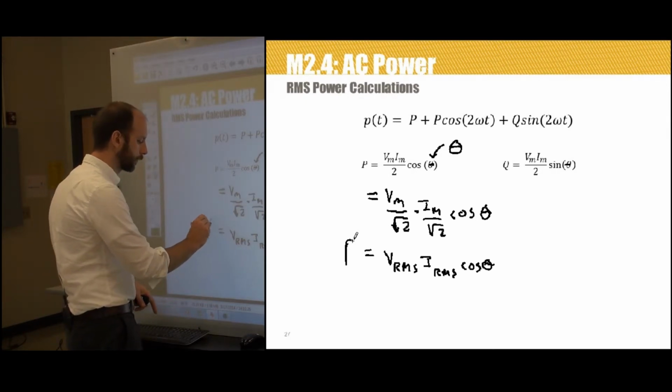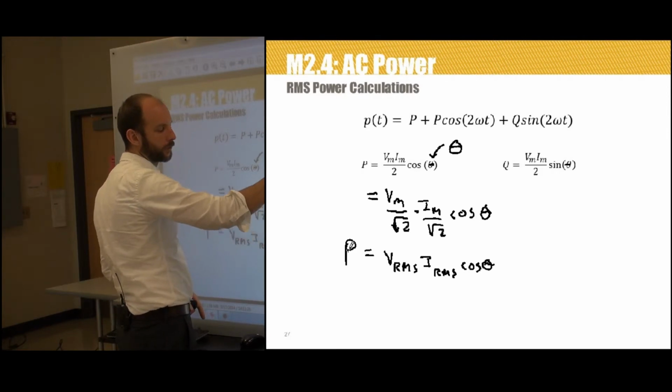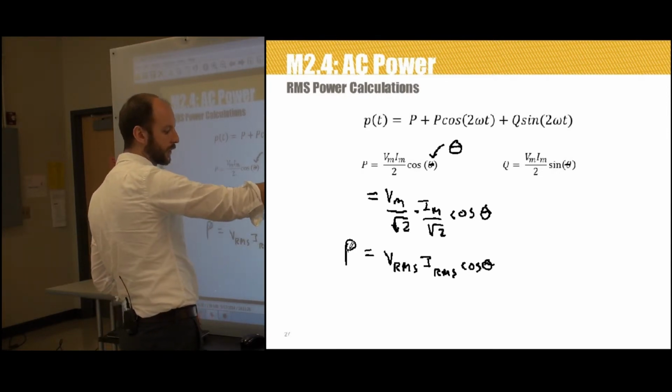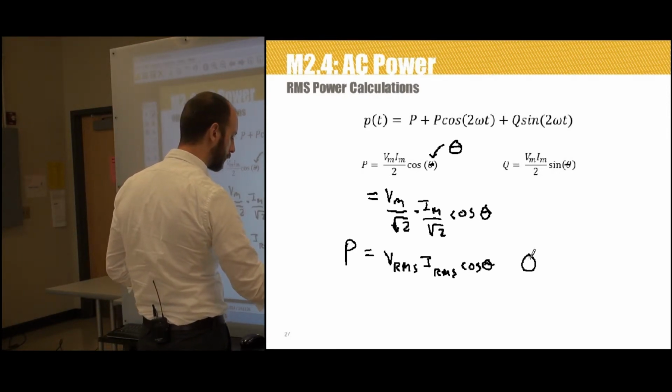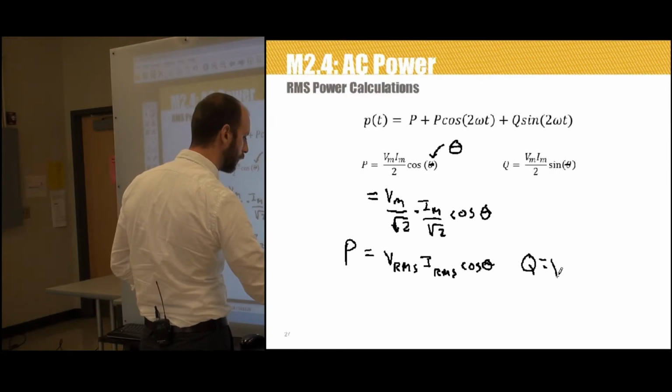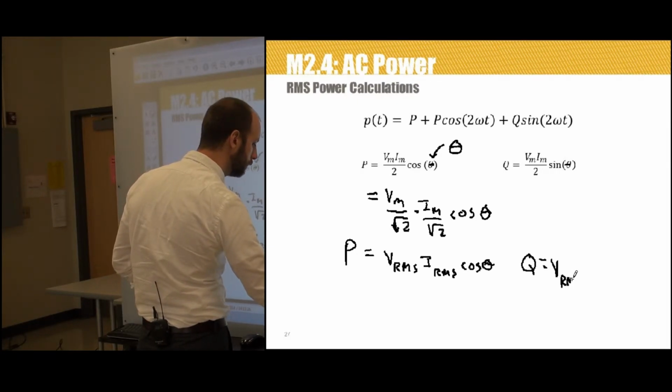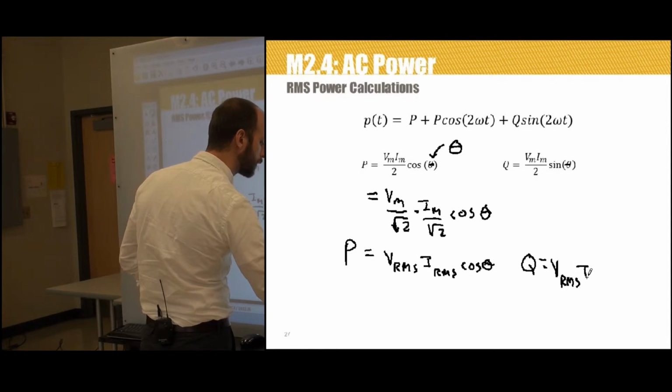Just to clarify that, V max over radical 2 times I max over radical 2 sine of theta is going to just end up showing me that Q is equal to V RMS I RMS sine theta.